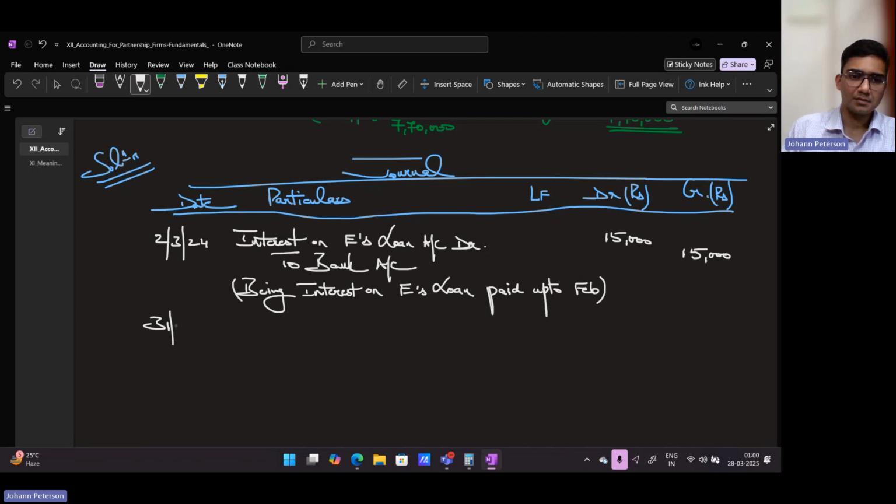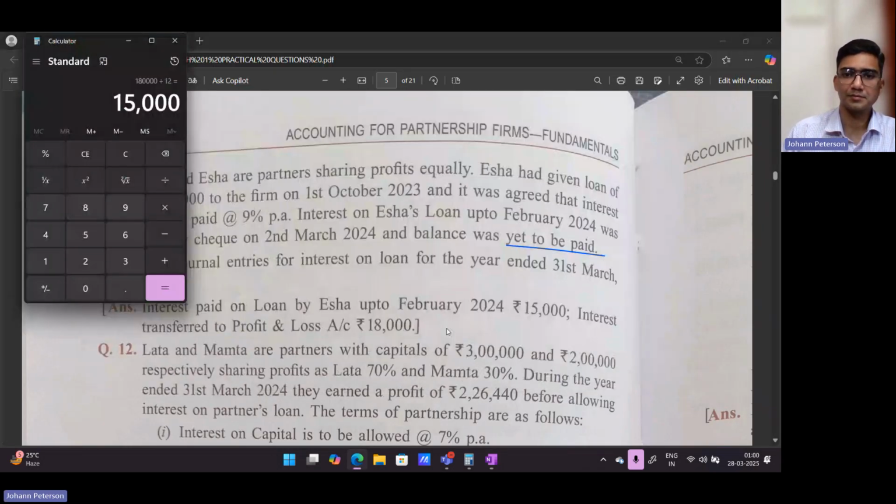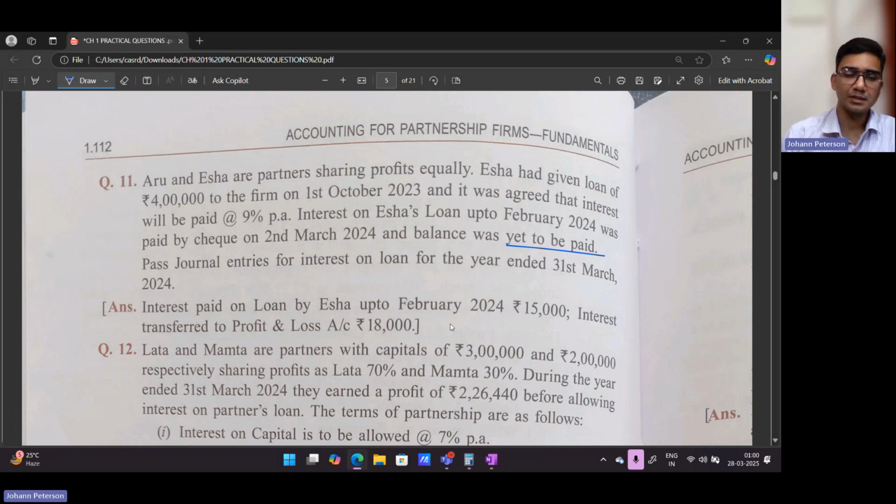Then 31st March 24. What about the remaining? Interest on his loan account debited for 1 month. How much is it? 36,000 is for the whole year, so into 1 divided by 12. This is 3,000.